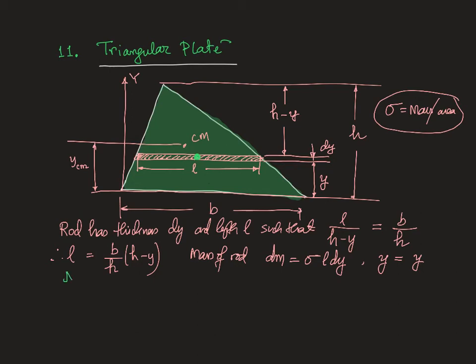Okay, so what is the total mass? Total mass is sigma into area, b h by 2, the area of the triangle. Therefore y_cm is equal to, downstairs you have sigma b h by 2, upstairs you have integral y dm, right? dm is sigma L dy, so L replaced by b by h into h minus y times dy. y will vary from 0 to h.